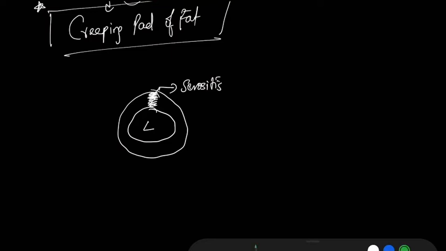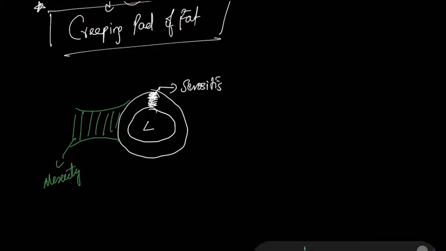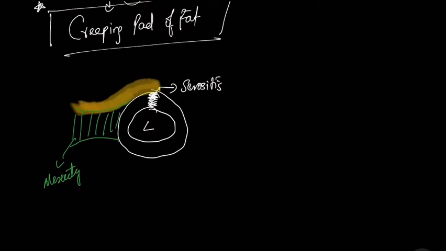So here we have your mesentery, and above the mesentery is your fat. So what happens? The mesentery offers protection, and we see this fat here.